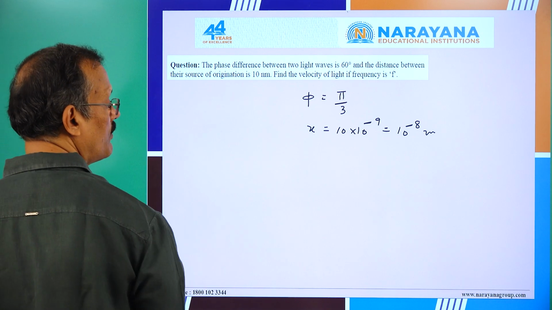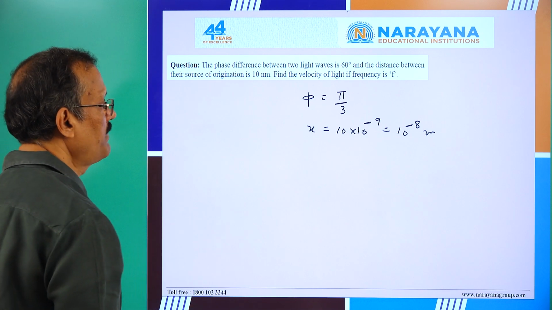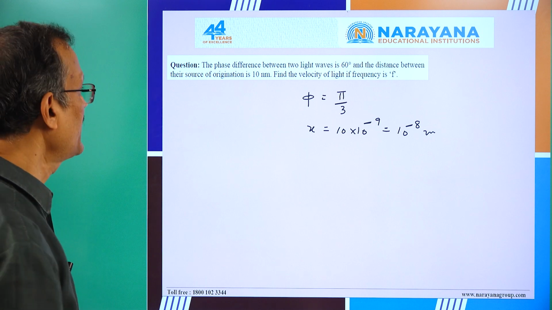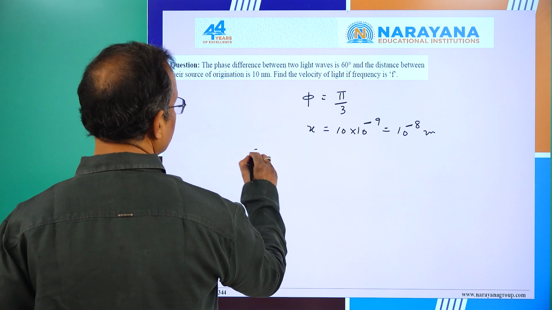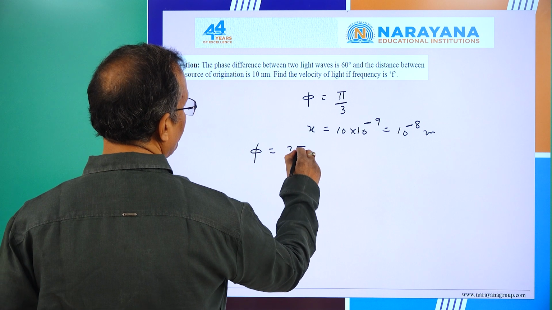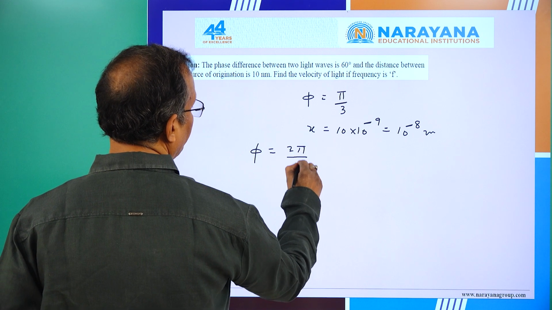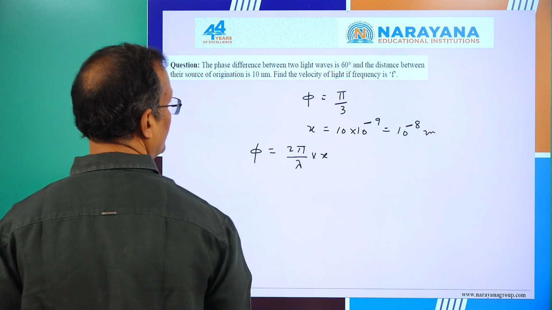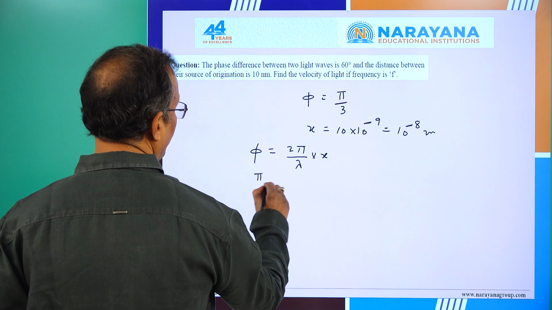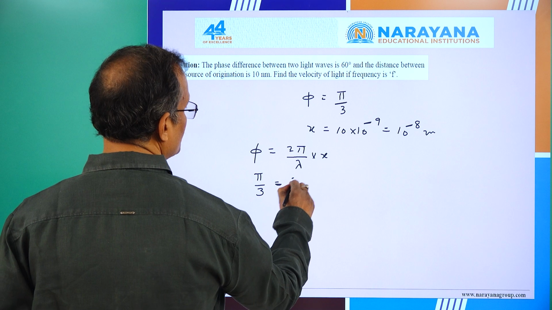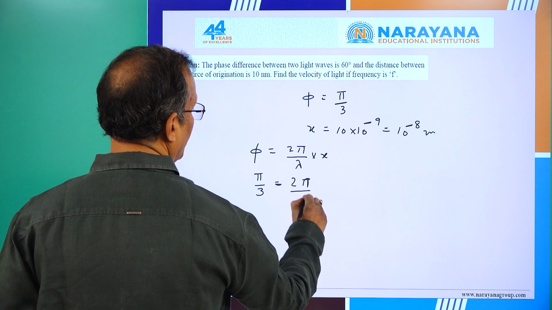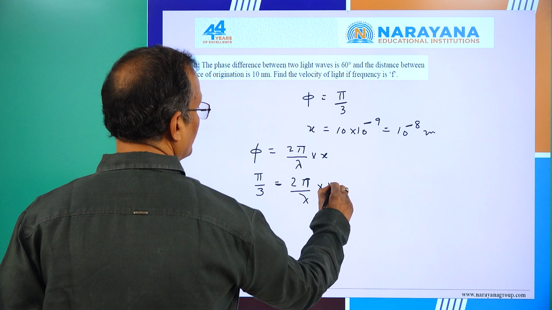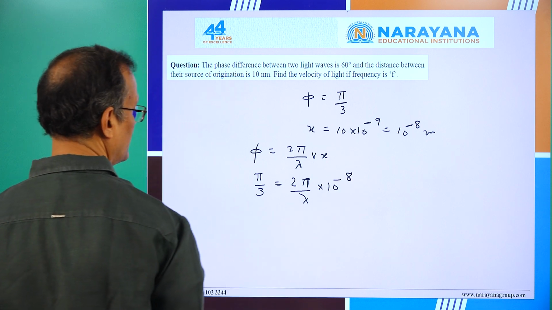If you go for phase difference equal to 2 pi by lambda into path difference, that's x you take. This is pi by 3 equals 2 pi by lambda into 10 to the power minus 8.